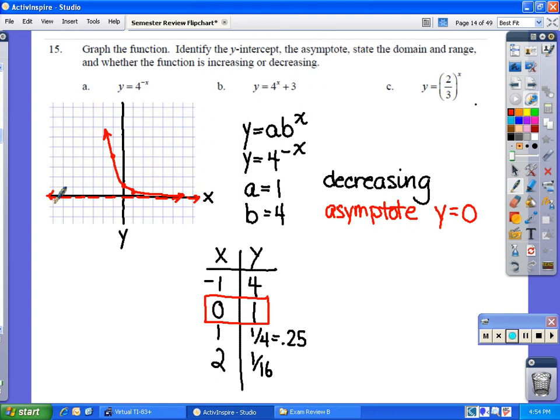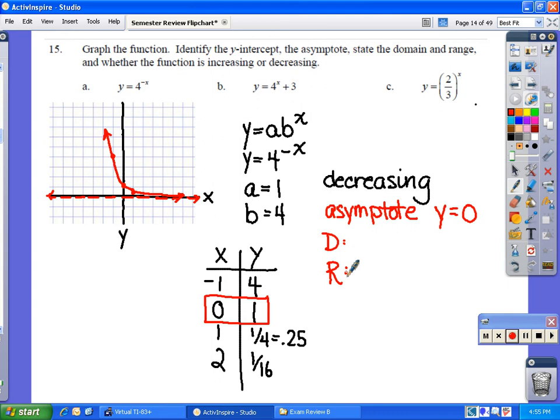Now that we have that and we can see it, we can talk about domain and range. Domain is the set of x values represented by the graph. Notice that our graph on the left is increasing here, and it looks like it's going up, but remember, it's also going to the left.